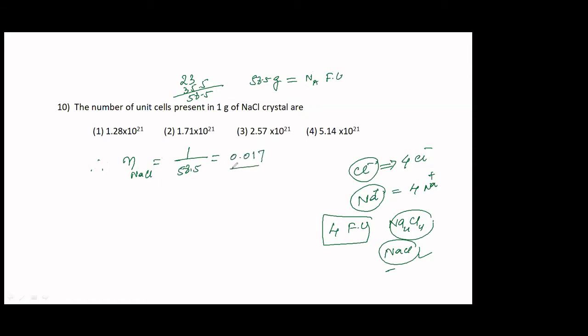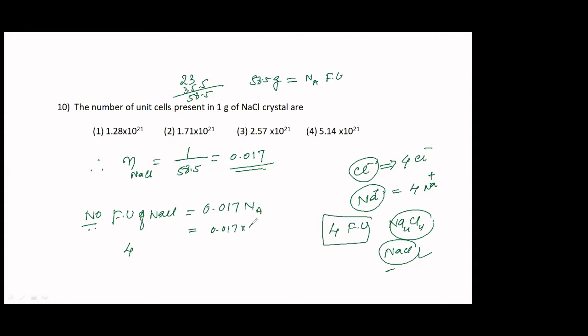So 0.017 moles means 0.017 into Avogadro number of NaCl formula units. So number of formula units of NaCl should be equal to 0.017 into Na. Let's write it as Na as of now.